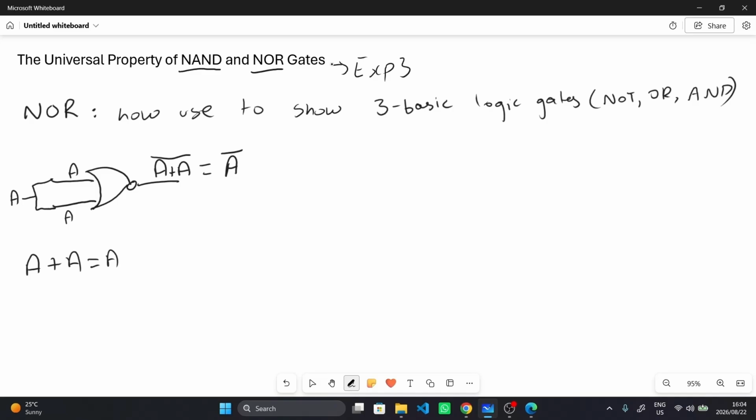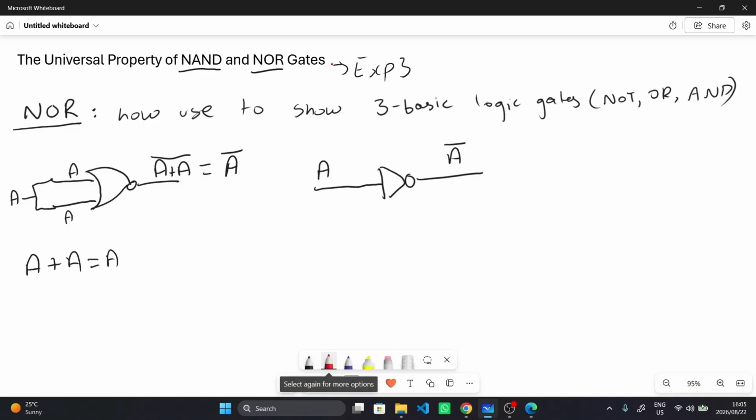And this A complement, if you see, is similar to a NOT gate. So it's your A, and that's your A complement, right? So using a NOR gate, we have already built our first basic logic gate, which is the NOT gate.